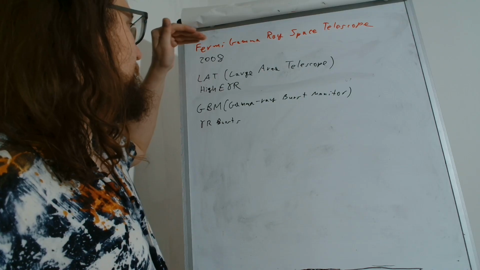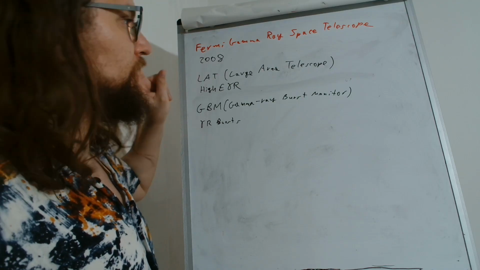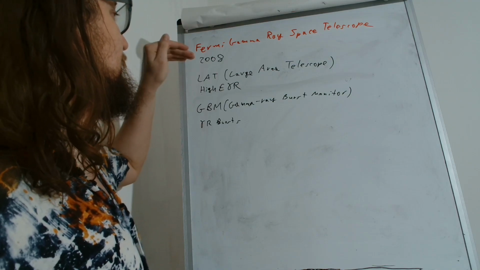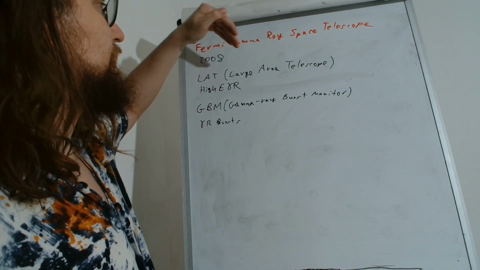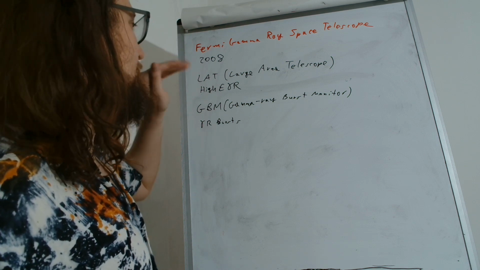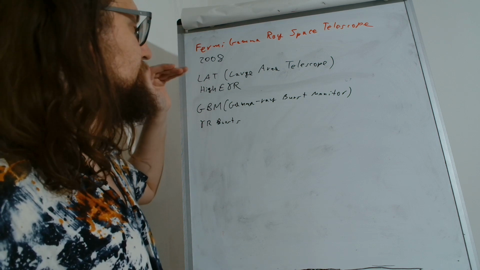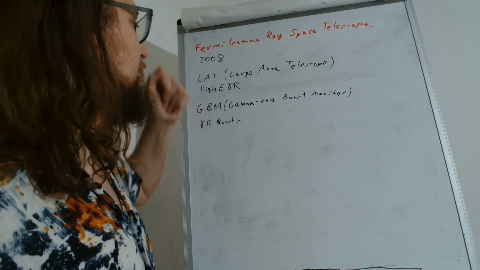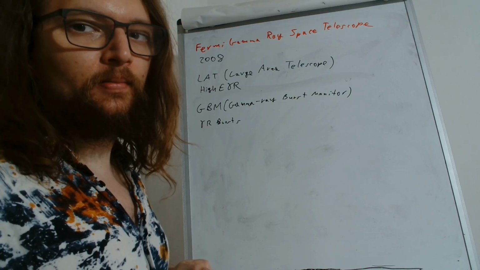And it has two experiments on board. One is the LAT, also known as Fermi LAT, Large Area Telescope, which detects high energy gamma rays, and the other experiment is GBM, the Gamma Ray Burst Monitor, which detects gamma ray bursts.